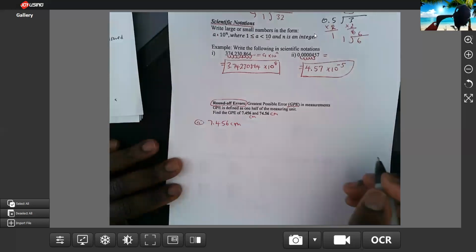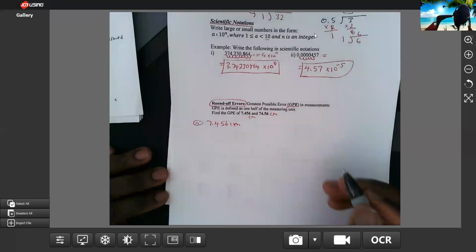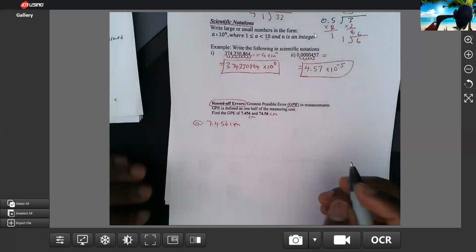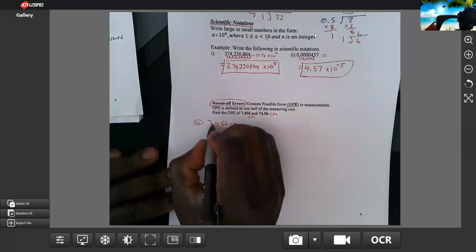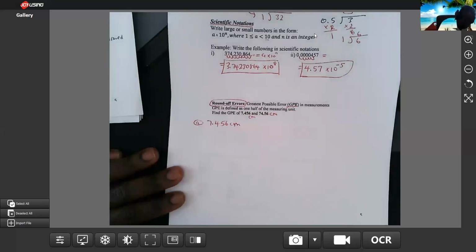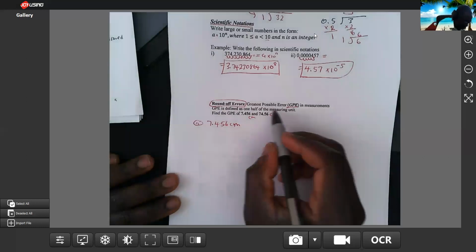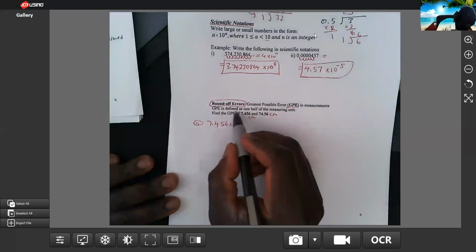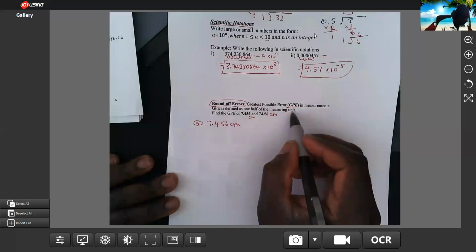All right. Now, what is the measuring error? Okay. Now, this is in thousandths. It says that the greatest possible error is defined as 1/2 of the measuring unit. Okay.